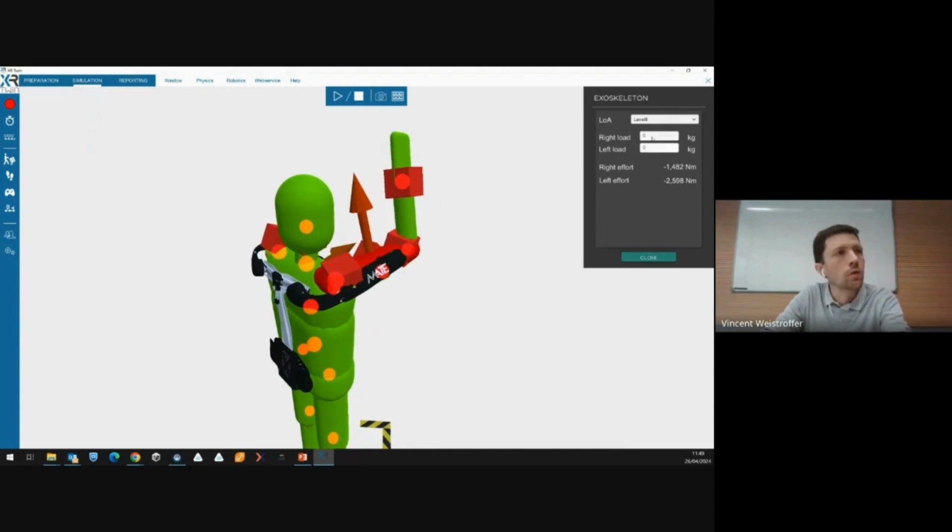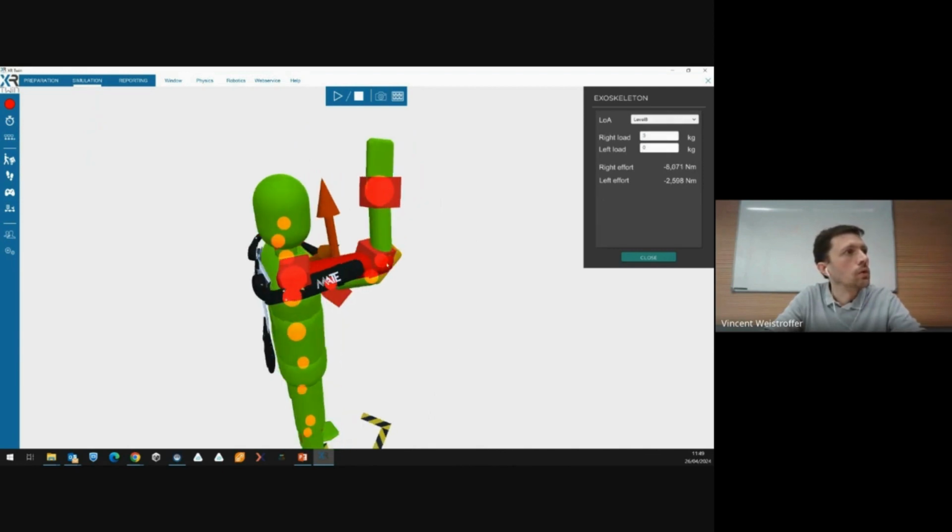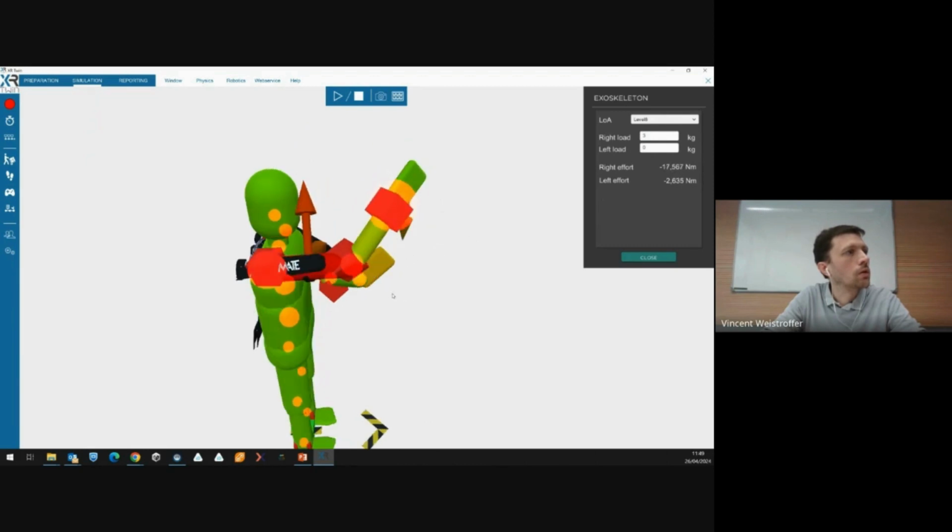And I can provide also some loads on the arms. Let's say I'm wearing a 3 kilo tool. Here, I see it. Let's move it like that. Okay.